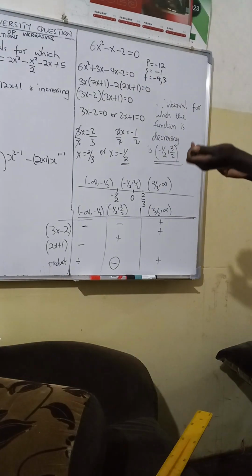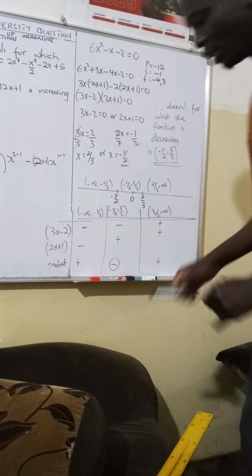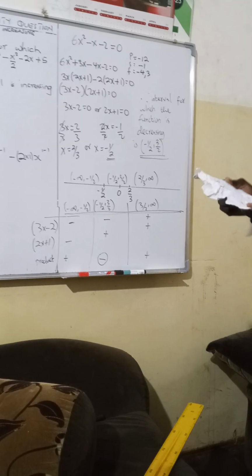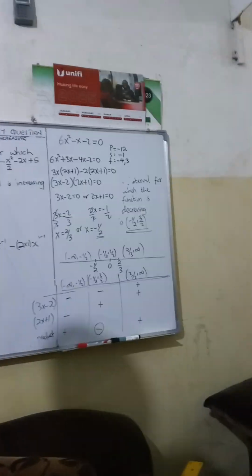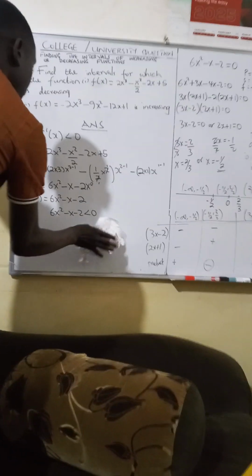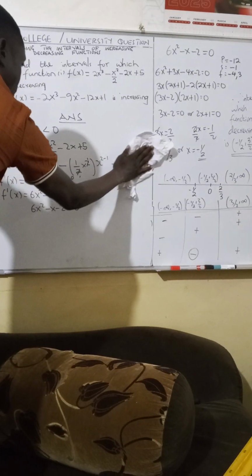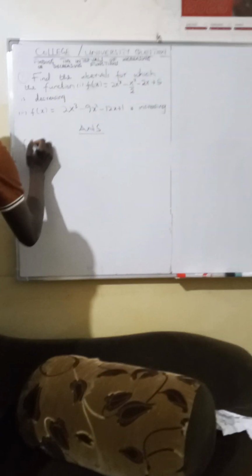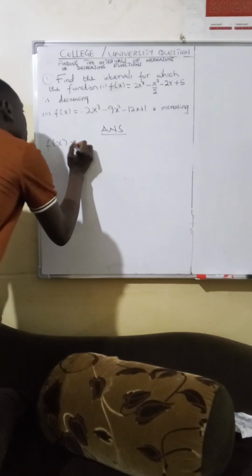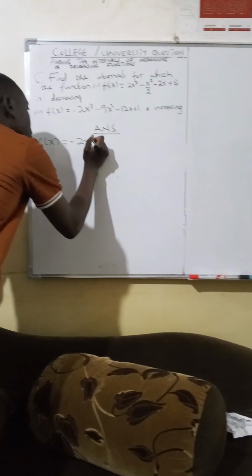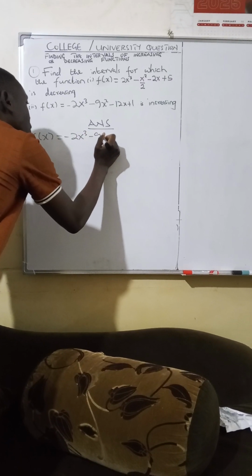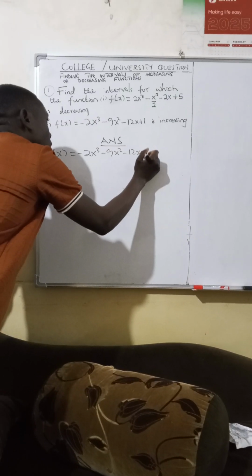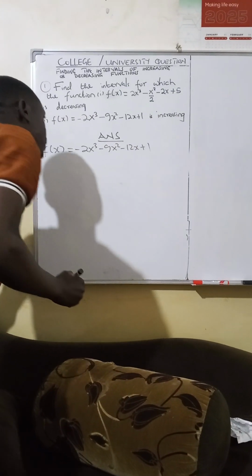Then I've got another question. Question B. We have this. Then the second one, I'm finding the interval for which this function is increasing.